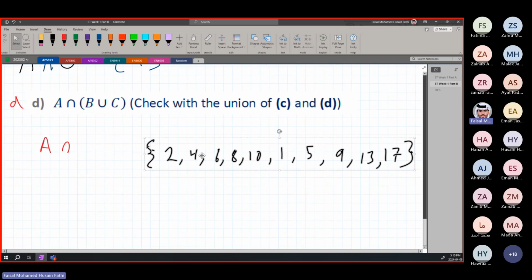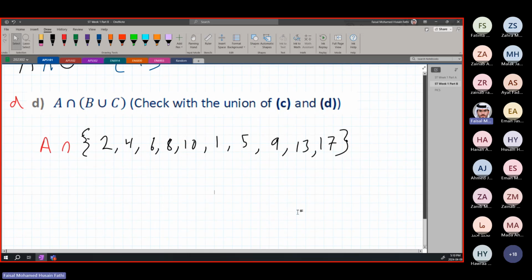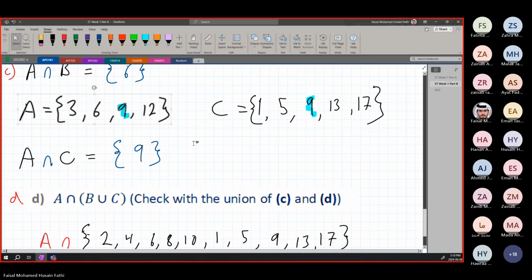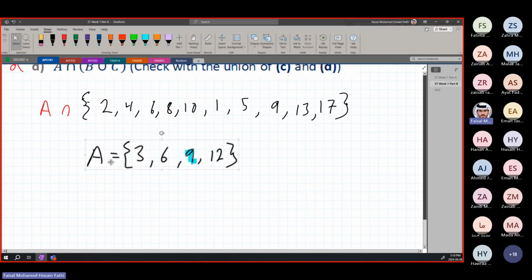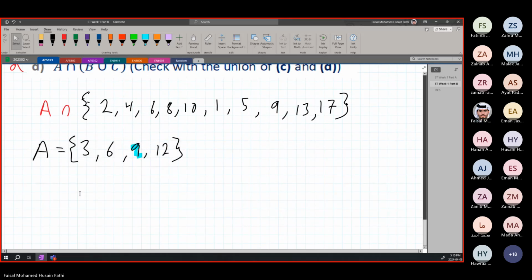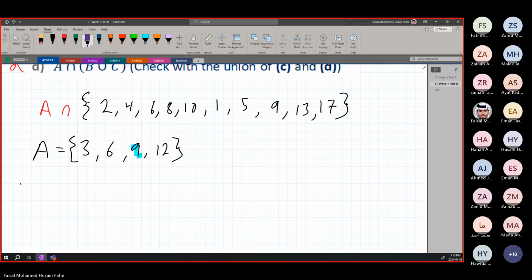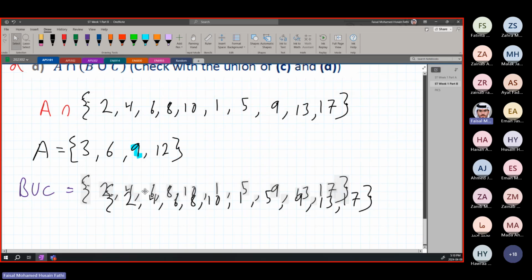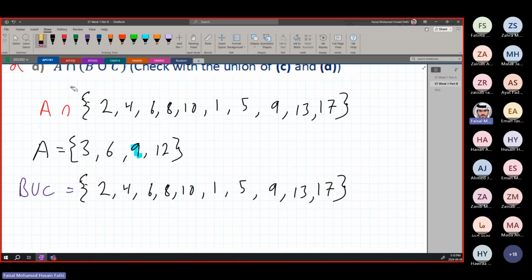So we're going to look at A intersecting this set. What is A? A we had earlier is this. This is A. So A is this, and B union C is equal to this large thing. So we want to find the intersection now between these two. Take our highlighter. Let's go through them one by one.